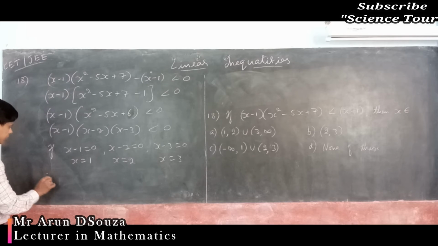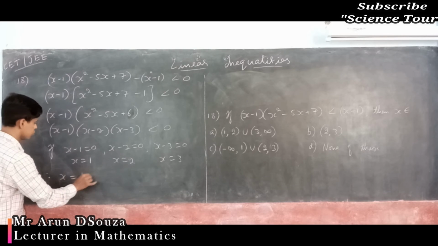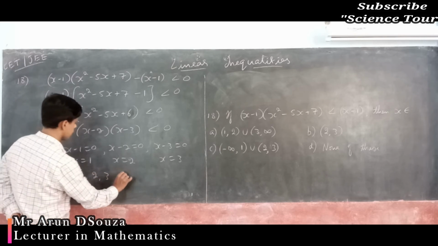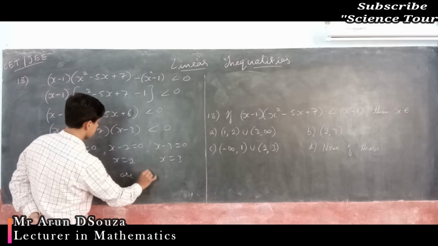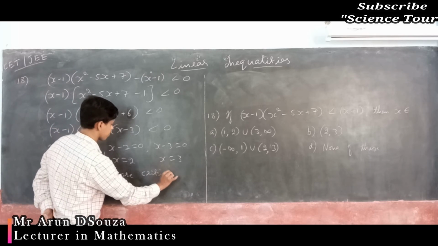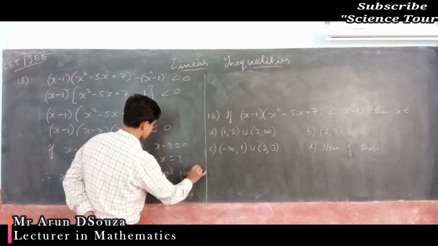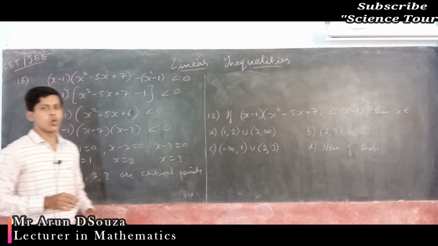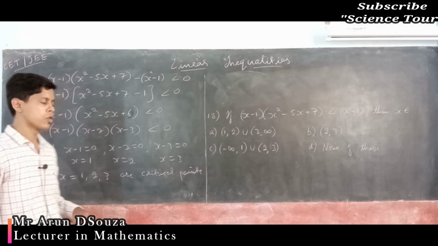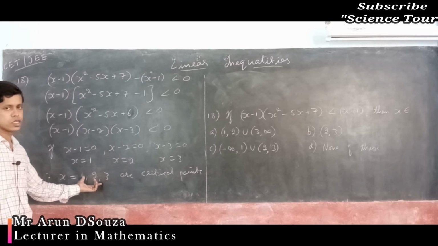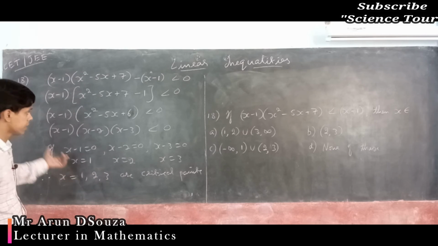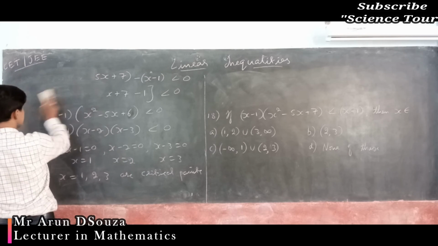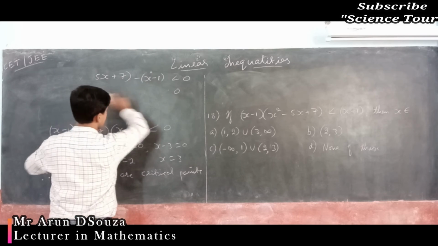Therefore, x is equal to 1, 2, 3 are critical points. Well, what happens after getting the critical points? What do these critical points do? They divide the real line. So let's divide the real line.